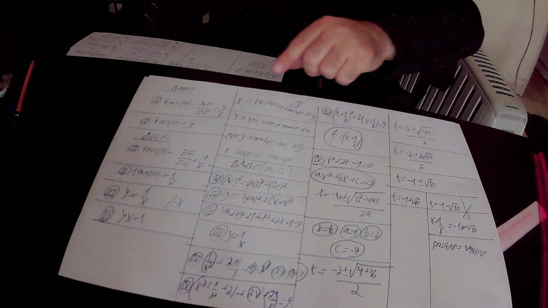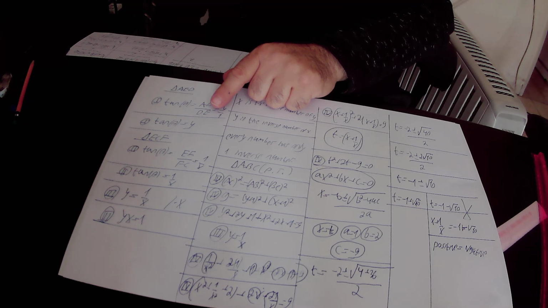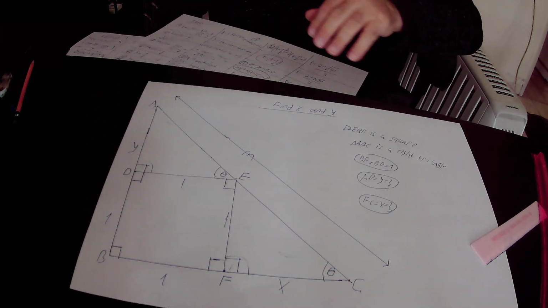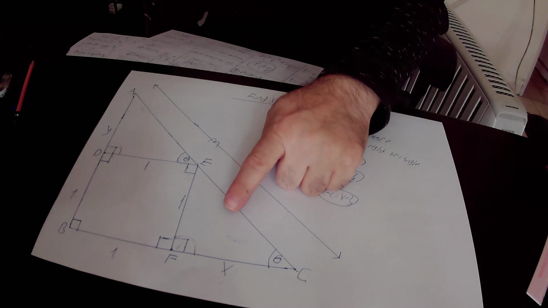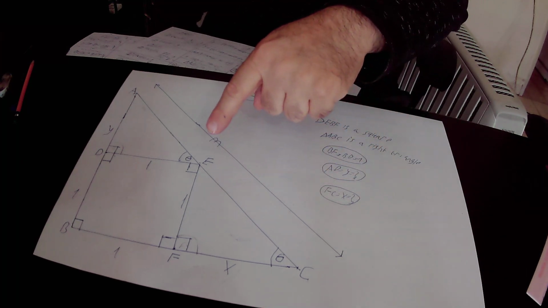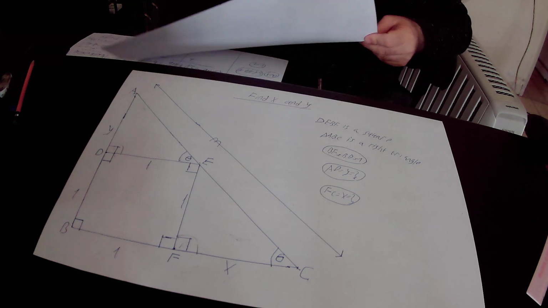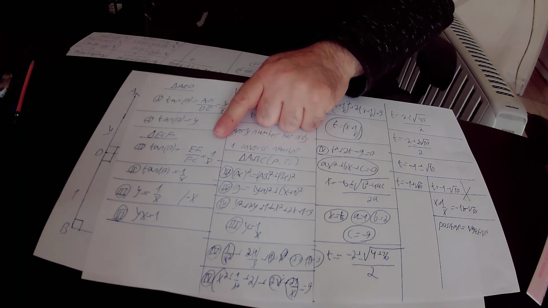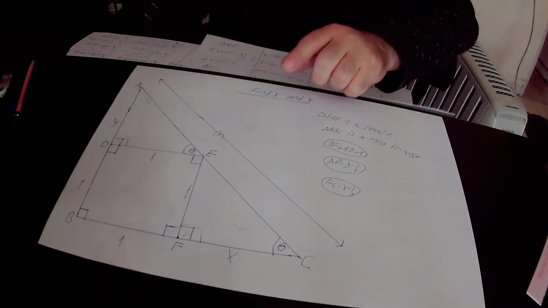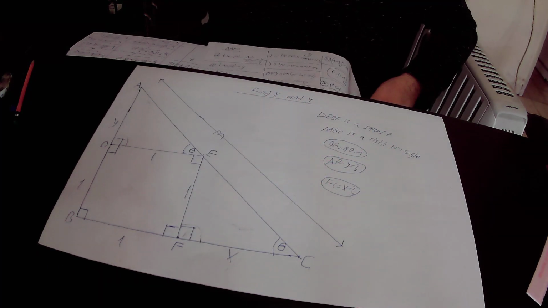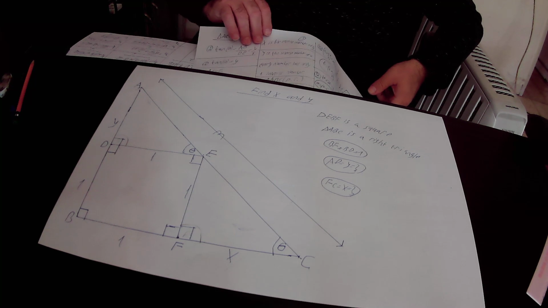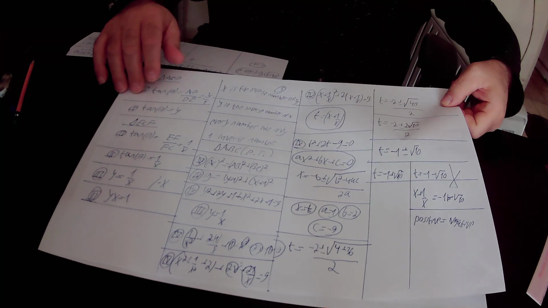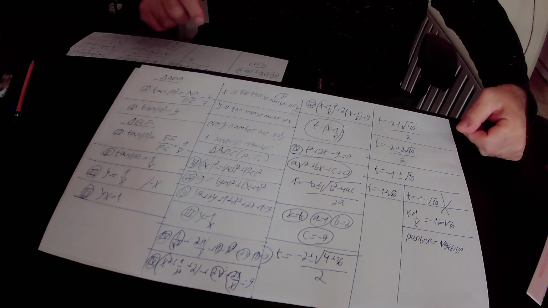So in conclusion, according to equation number 1, tangent theta equals Y. Then we focused on the right triangle ECF. In the right triangle ECF, tangent theta equals EF over FC. But EF equals 1, FC equals X. So in conclusion, in the right triangle EFC, according to equation number 2, tangent theta equals 1 over X.